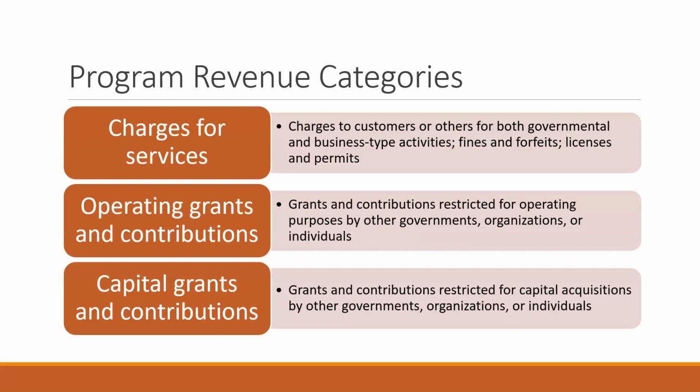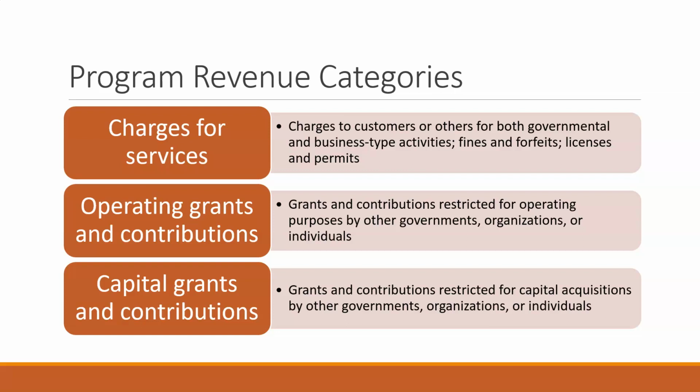So we can charge for services. We can charge fines for people parking on streets, for example, and those fines help pay for operations. If the library is a function of the government, we can fine for late books, for example.